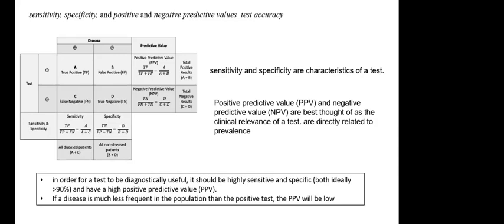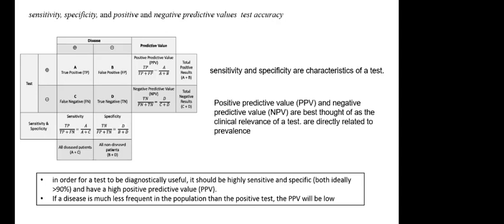Positive predictive value is the probability that a person with a positive test truly has the disease. Negative predictive value is the proportion of persons with a negative test result who truly don't have the disease.